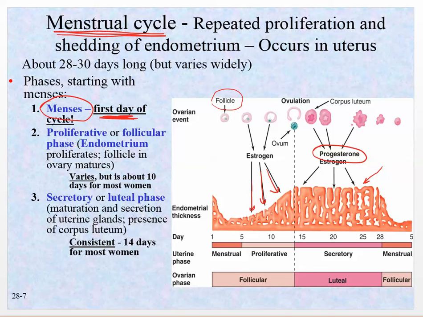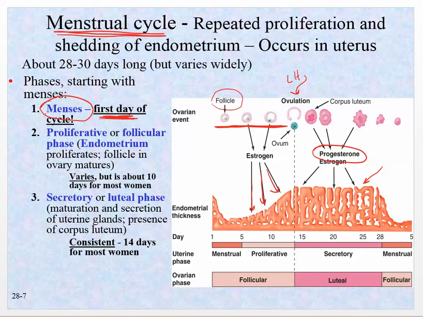That's the corpus luteum that's doing that. You can see how the ovarian cycle, stimulated by follicle stimulating hormone to mature the follicle, and then the LH surge causes ovulation, and then we have the corpus luteum. You can see how these things are working together with the uterine cycle.